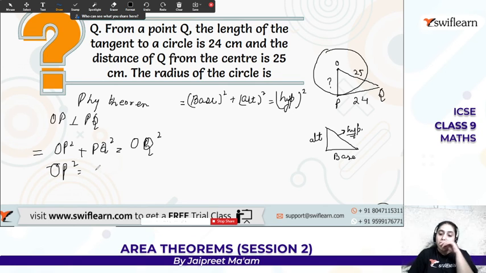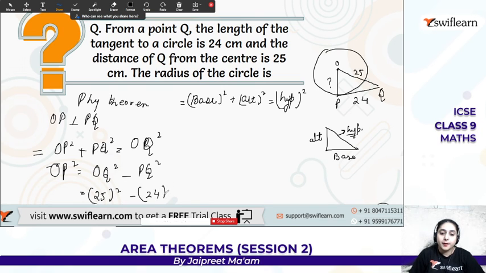So OP square will be equal to OQ square minus PQ square. Substituting the values, OQ is 25 square, and PQ is 24 square. Let's find the square of 25. We know 25 square is 625.